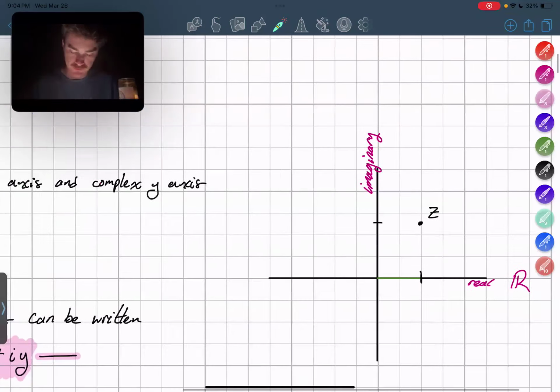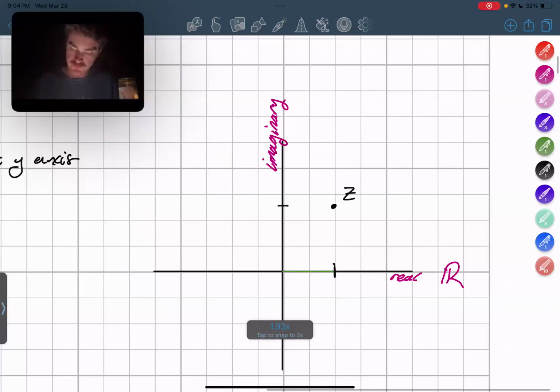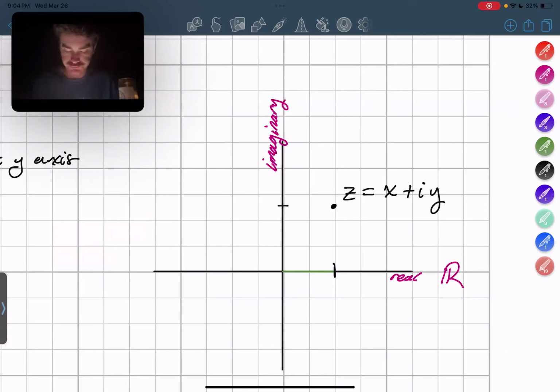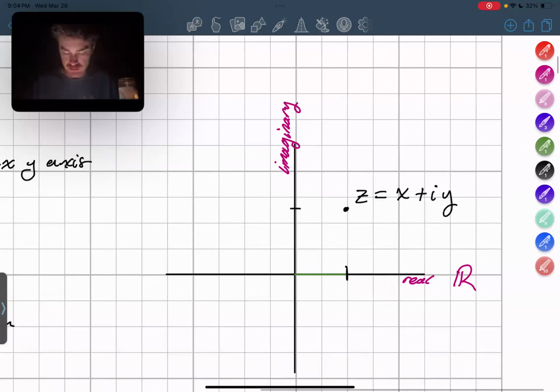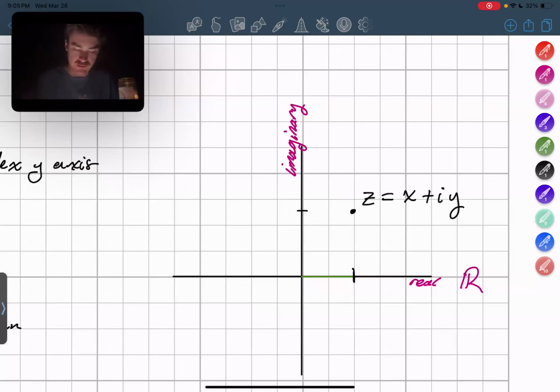All right, so what does that look like? So I've got my z up here, and we just learned that this z can be written in terms of x, i, y. And let's pop some values in here for x and y. I'm going to choose, not so arbitrarily, 1/2 and √3/2.